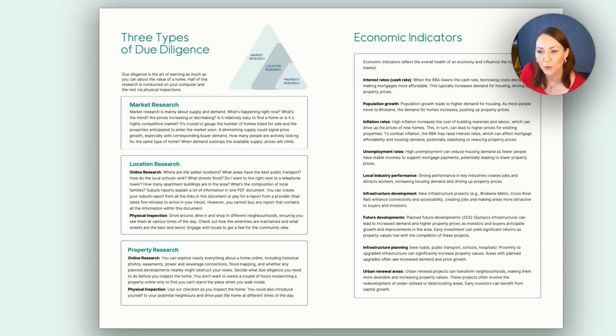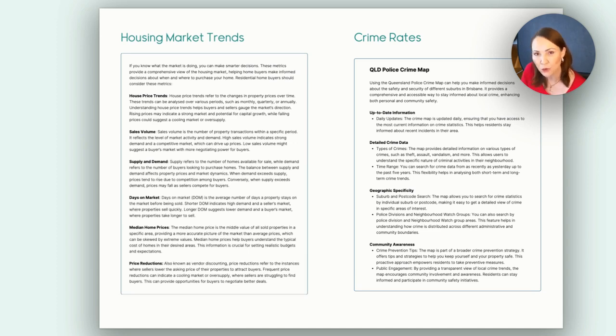Now, we will go into this in more detail in another video, but there are economic indicators that help you to understand the market, and there are trends that help you to understand the market. You can also, like I said before, look at crime rates before you get too interested in a particular area.